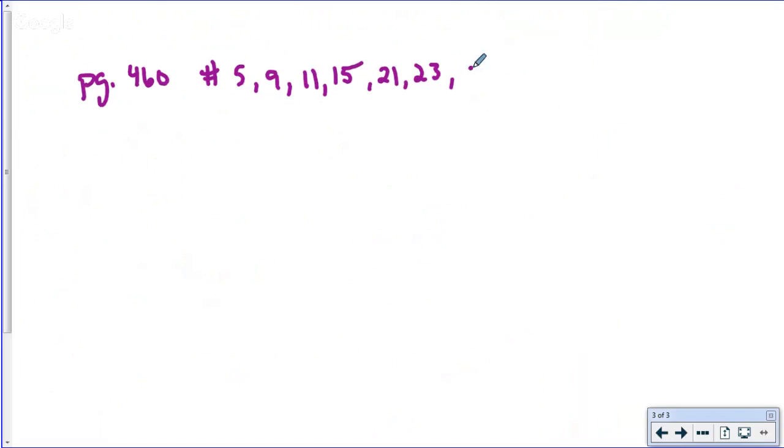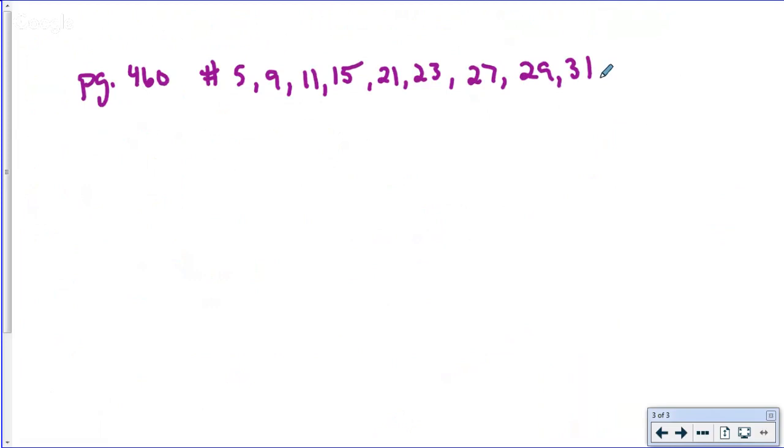We've got some suggested problems here, starting on page 460. Numbers 5, 9, 11, 15, 21, 23, 27, 29, 31.